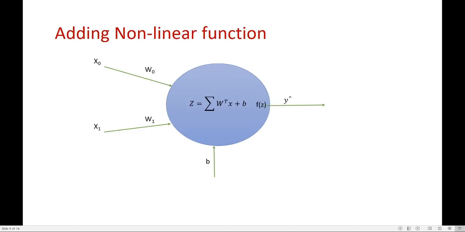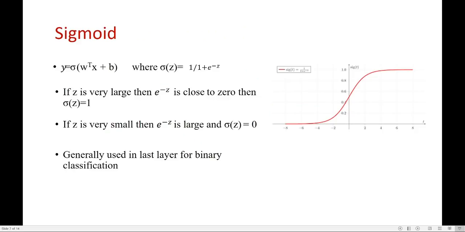But if the dependent and independent variables are non-linearly related to each other, then we have to add f(z). f(z) works as a non-linear function in this case, which will squash the z value into a certain range, and based on that we will identify the output, that is y cap.